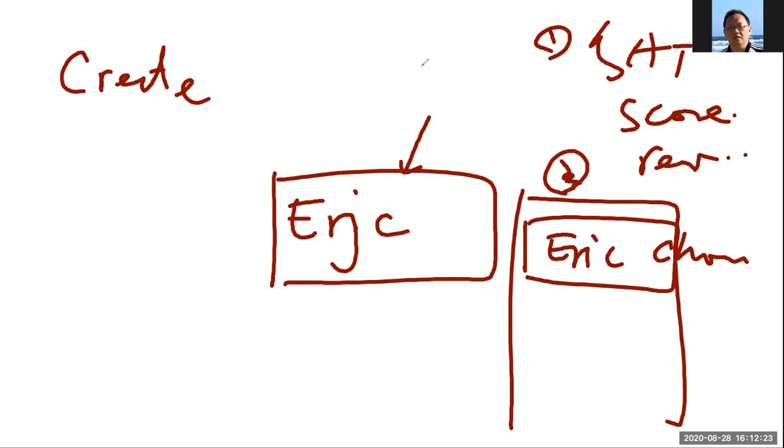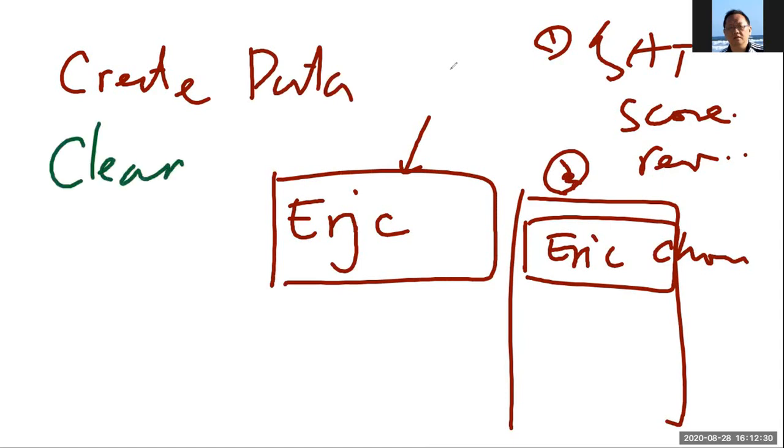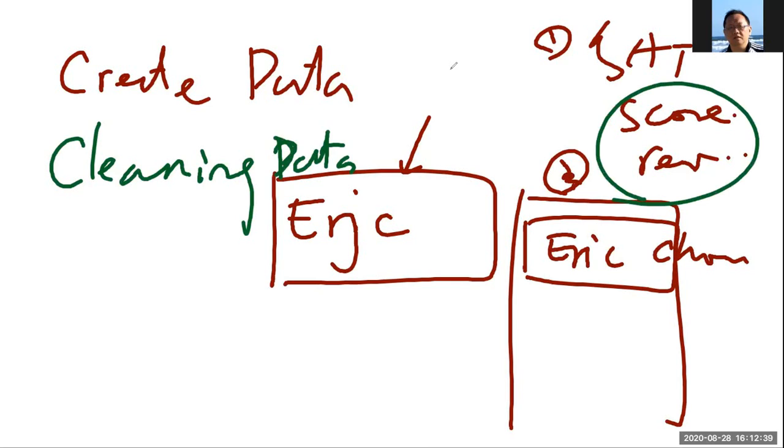So number one, you create data, and number two is cleaning data. Before we do anything else, to look at the data and calculate the score, we need to clean the data. That's step 2. And then we convert the raw data to data.